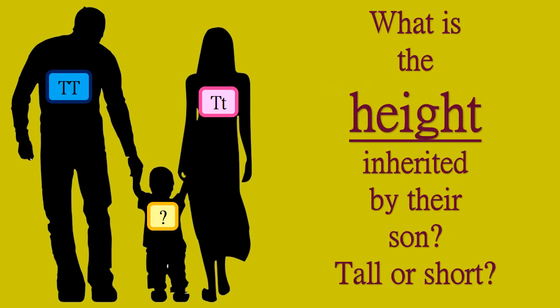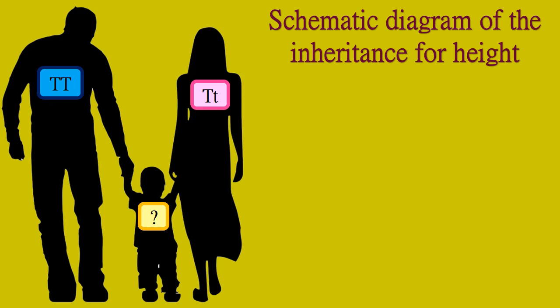Since both the father and the mother are tall, what is the expected height inherited by their son, tall or short? To answer this, let's draw the schematic diagram of the inheritance for height.